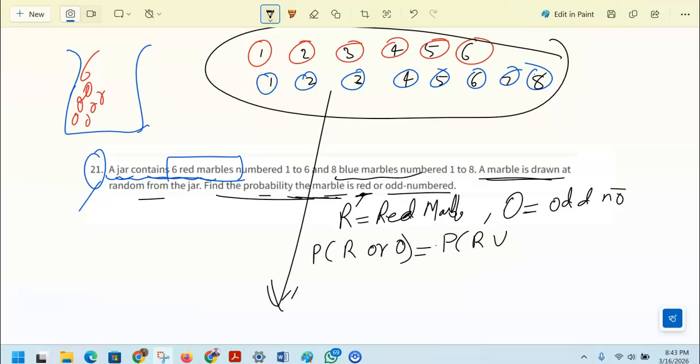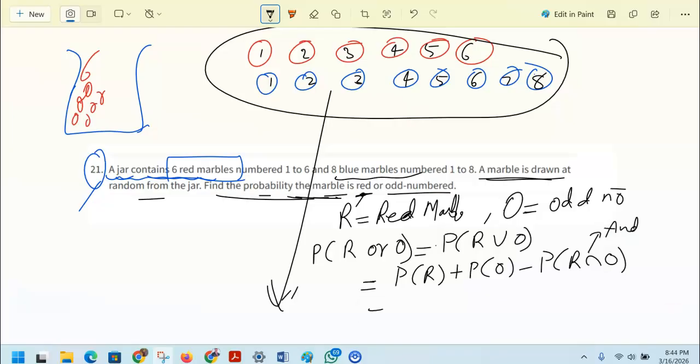So by the addition rule, we have probability of R plus probability of O minus probability of red and odd. The probability of red is 6 out of the total.